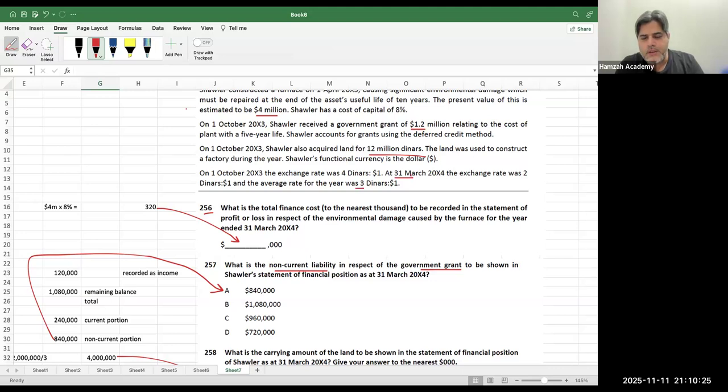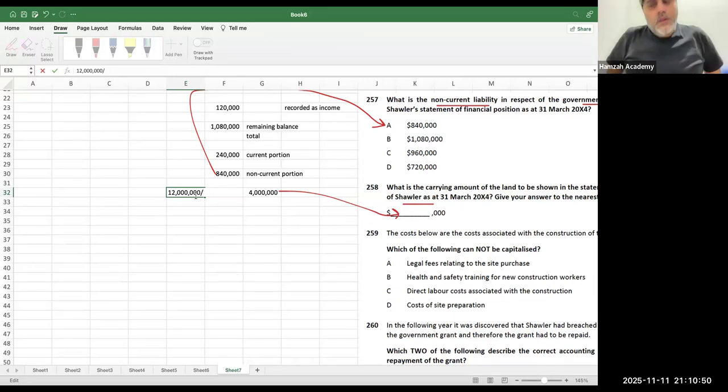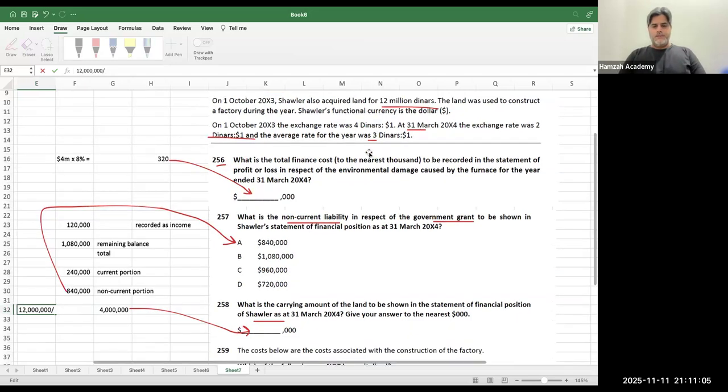I've taken the average rate over here. On 31st March, the exchange rate was 2 dinars against $1. My bad. This is divided by 2. So that has to be by 2 over here. No. The exchange rate has to be, on 1st October 23, the exchange rate was 4 dinars to $1.